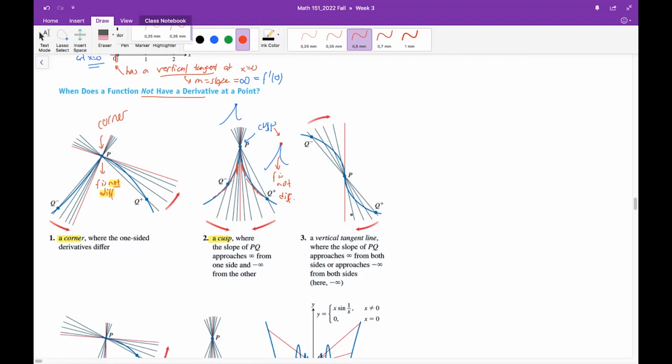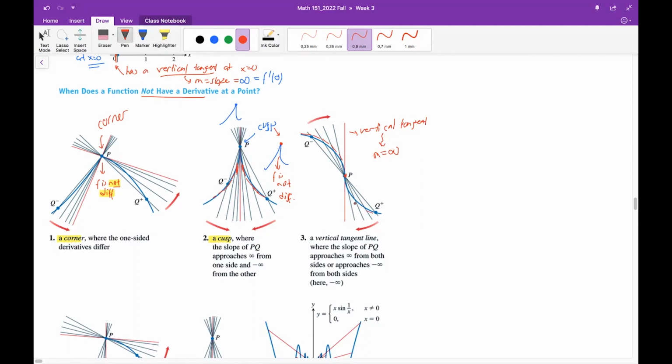And here, at the point P, since you have a vertical tangent, this is a tangent line which is vertical, the slope is then what? That's why the slope becomes infinite. Let's see why it becomes a vertical one.